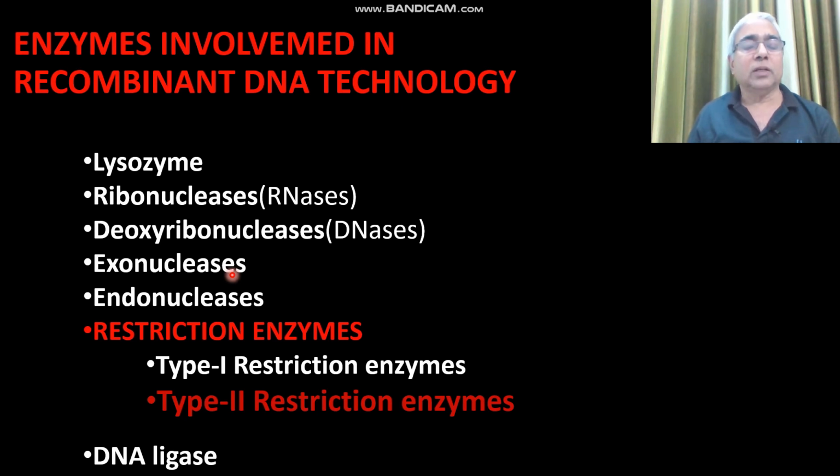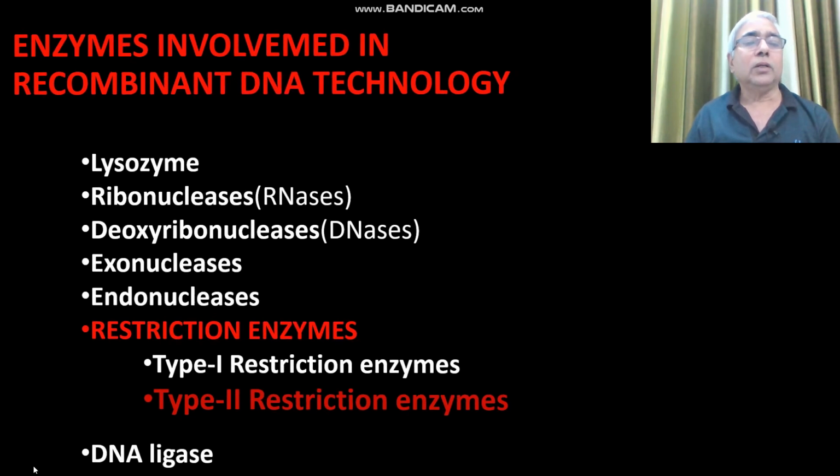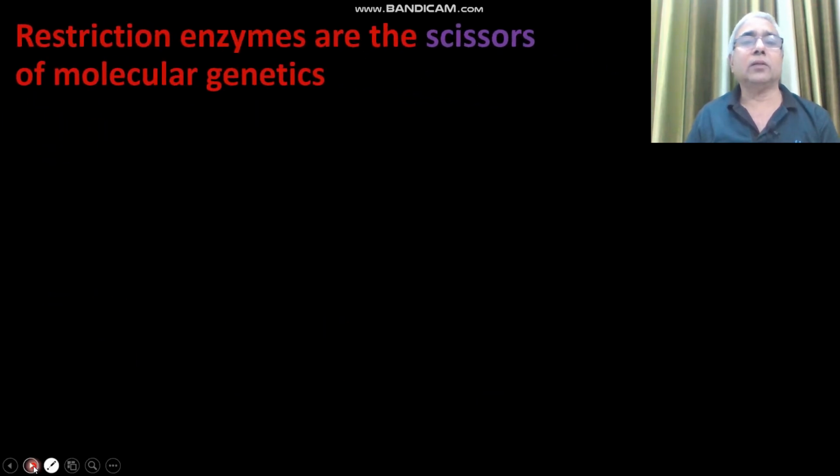Of these, the type 2 restriction enzyme is very important because it acts only at a specific sequence where it can produce a nick, and finally the DNA ligase, which is used for joining two different DNA molecules together. Many other enzymes also come into the picture, but these are the main enzymes which have a role in recombinant DNA technology.